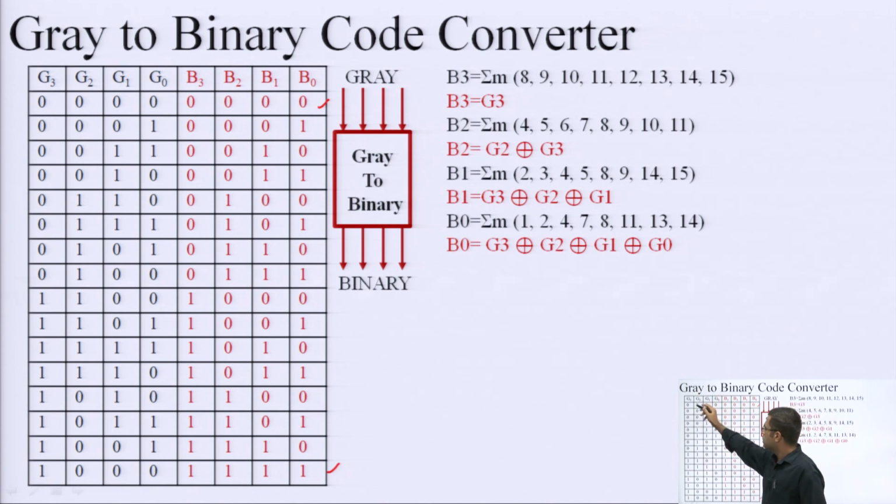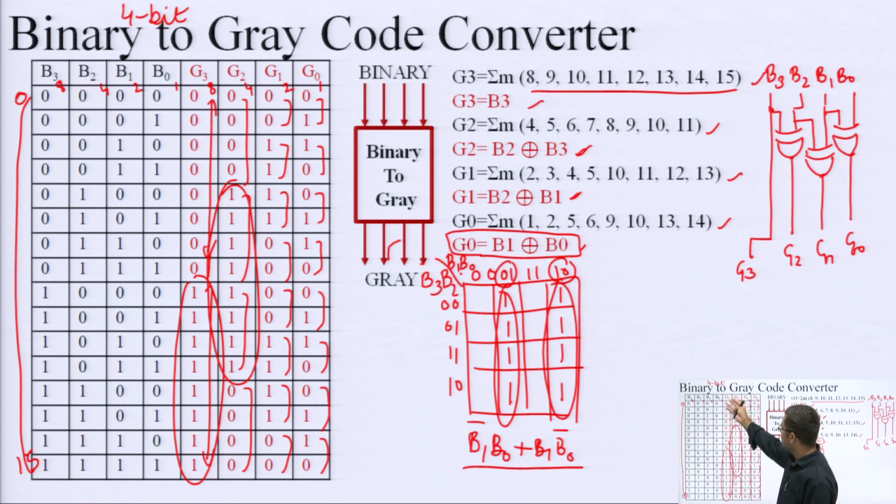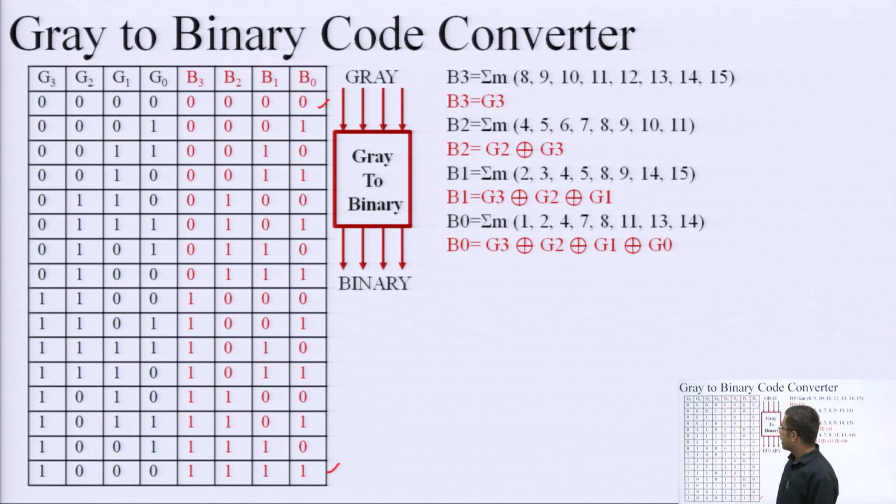If I write 0 to 15, 0 0 0 0 to 1 1 1 1, on the input side as gray, then all those cases have to be covered separately one by one into binary. So, just to avoid that, I have written 0 to 15 on the binary side and the gray side on the input side, just reversing the positions. Like in this binary to gray code converter, I have reversed the position of outputs and inputs just to prepare the truth table quite easily.